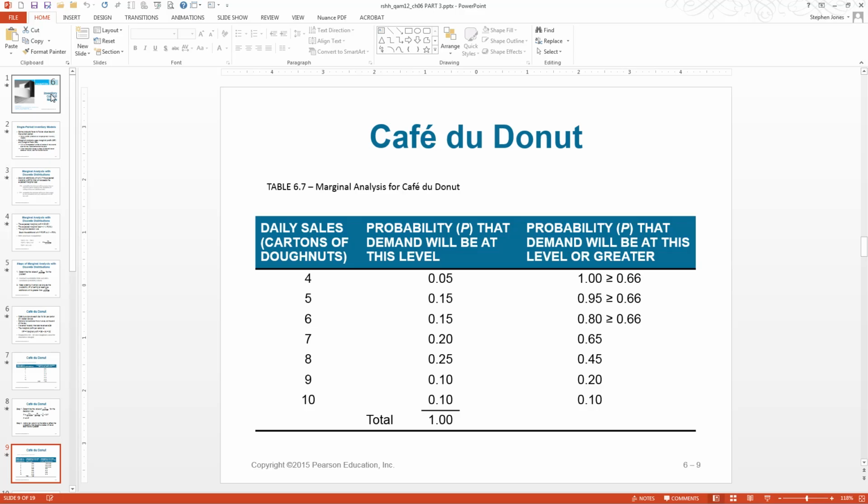You go to 6, and you would say, now wait a minute, why is this not 0.95? Because 1 minus this 0.05, but that's not it. It's at a 1 because we know we're going to sell at least 4. That's the bottom level that we have here. To go to the next level, we take this 0.05 out of the 1. And so that means we have a 0.95 chance of selling 5. And we have a 0.8 chance of selling 6.